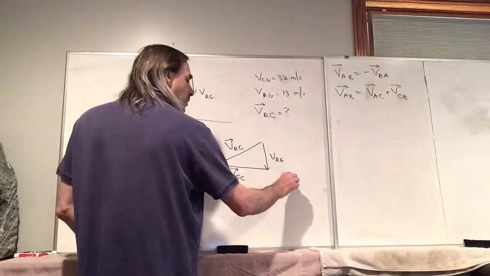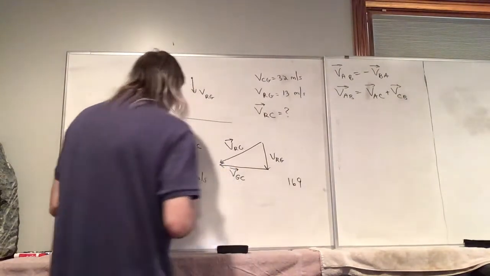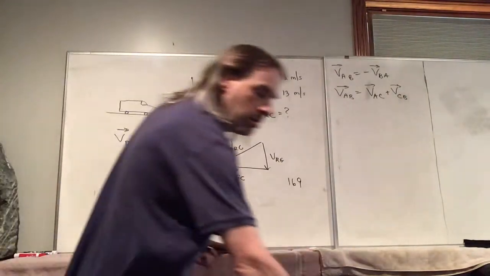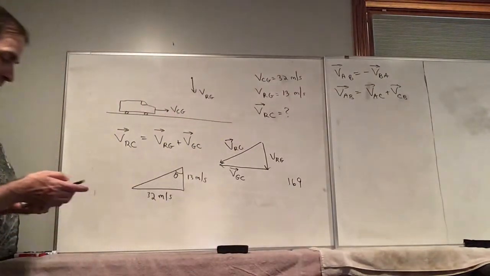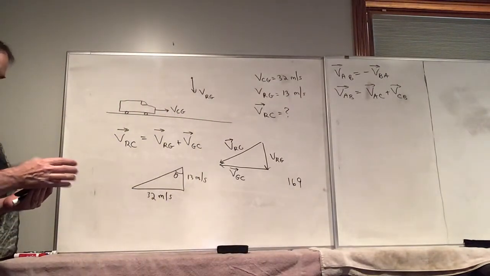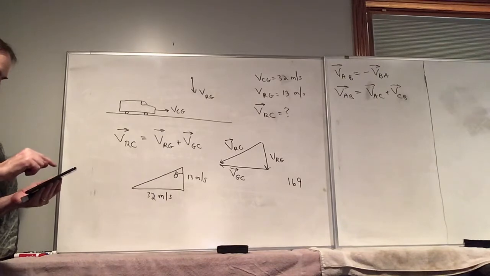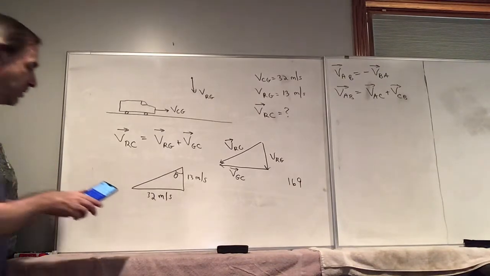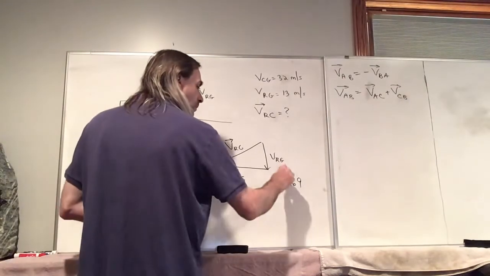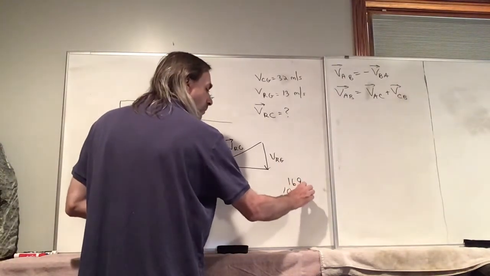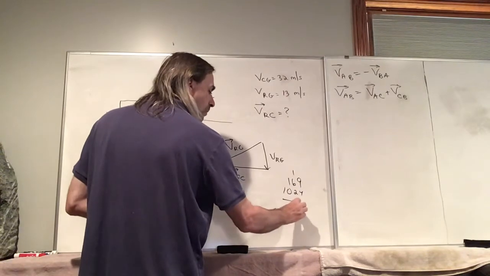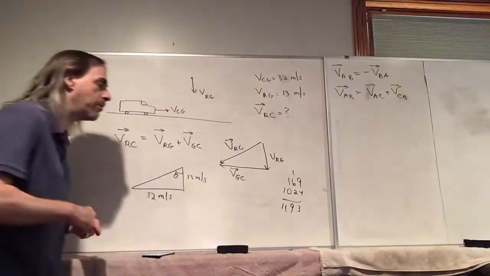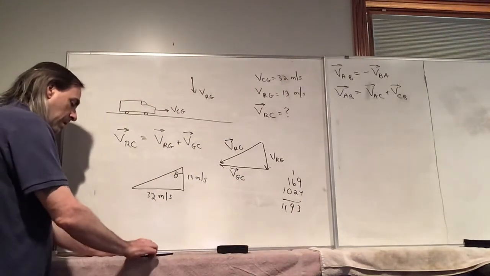13 squared is 169. 32 squared, not sure, 900 and something, but let's get it a little more accurately. Oh, 1024. So if we add those up, we get 1193.